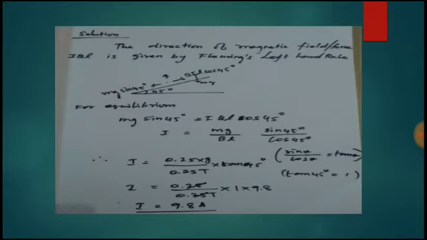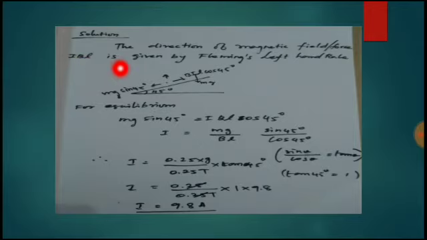Solution. See this, the direction of the magnetic force is given by Fleming's left hand rule. In the last question we derived the force on the conductor, that is force equals IBL. The same here. The direction of the magnetic force IBL is given by which rule?